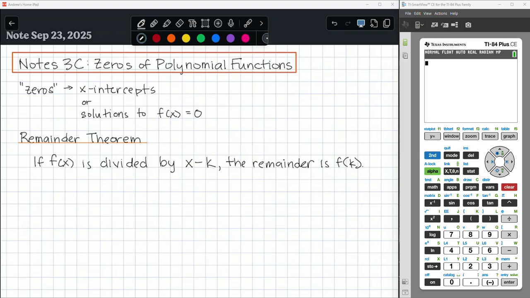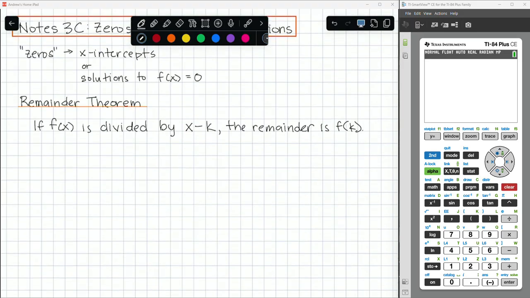Which is actually kind of cool. So that means I can figure out remainders when I'm dividing by a binomial without having to do division. We're going to check with an example.